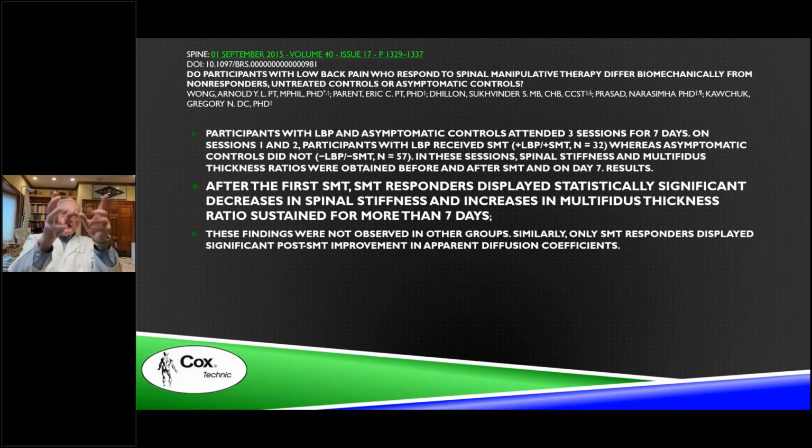These people showed that with a single chiropractic manipulation, the patient who received the greatest increase in range of motion showed statistically significant decreases in pain. And look what else this paper showed: increase in the multifidus muscle thickness, which was found to be sustained for 7 days.